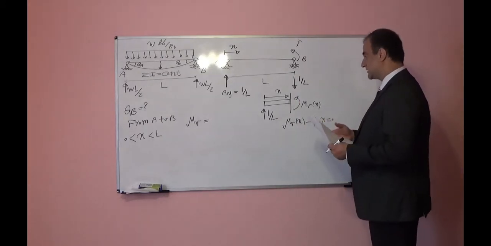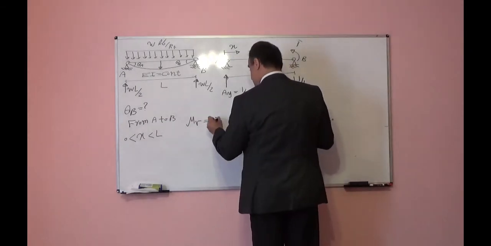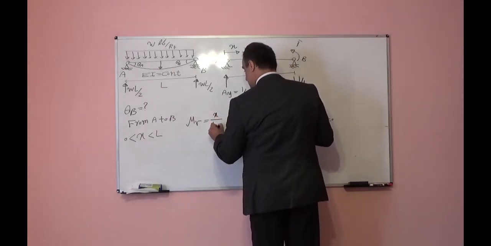So if I take the other side, MV will be X over L.